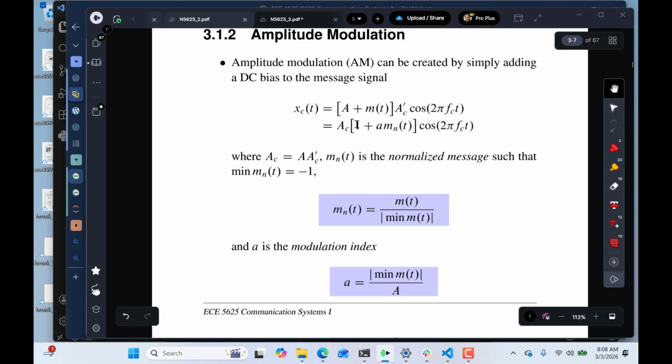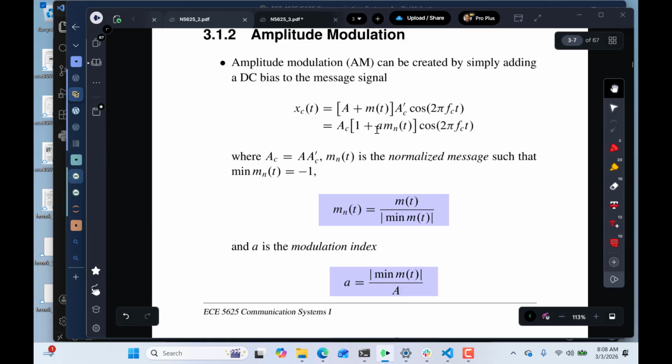What that does is it carries through the multiplication here to produce pure carrier. Pun intended, carries through to make carrier. Not very funny probably, but at any rate, there is a pure carrier that gets transmitted: A_C times cosine of the carrier frequency, a sinusoid.